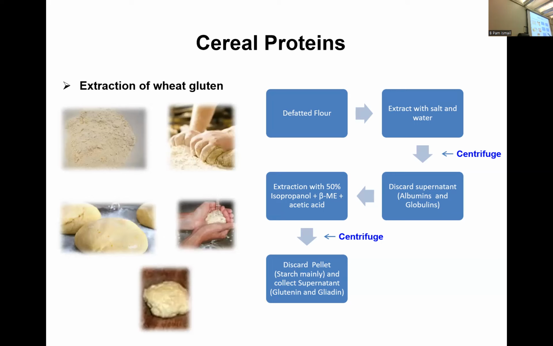You need to break the disulfide linkages with a reducing agent, and add acetic acid to reduce the pH to enhance solubility. So basically, you get your glutenins, gliadins, globulins, and albumins, and then you can study them further.